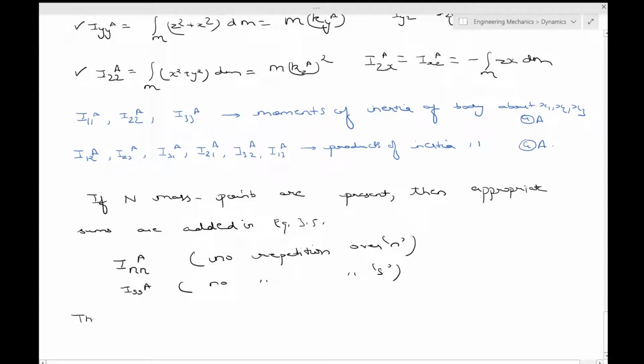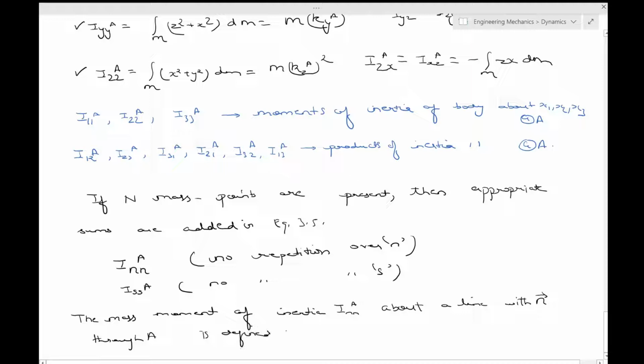The mass moment of inertia INN of A about a line with unit vector n through A is defined as INN of A is equal to the integral of m dp square dm.